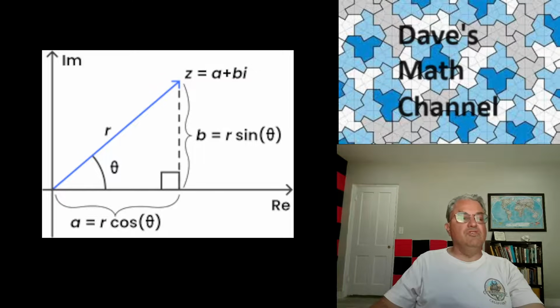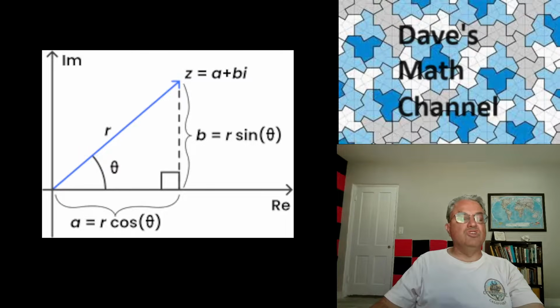But then they do give you the formulas for a and b in terms of r and theta. These are easier, since you just use simple trigonometry. You've got this right triangle with hypotenuse of length r, and the angle going from the x-axis to r is theta.